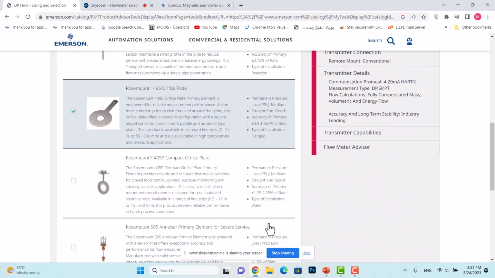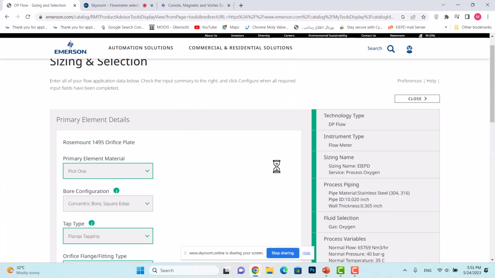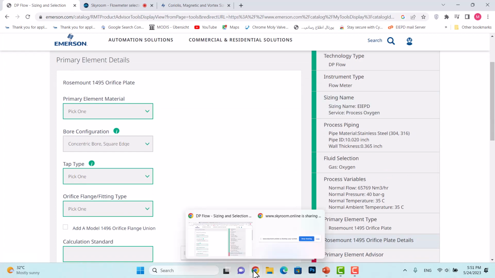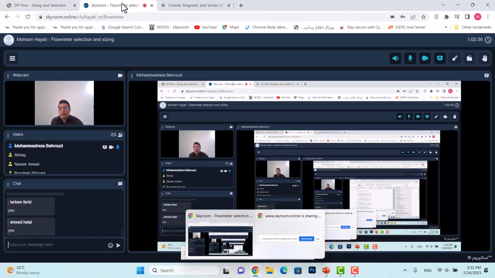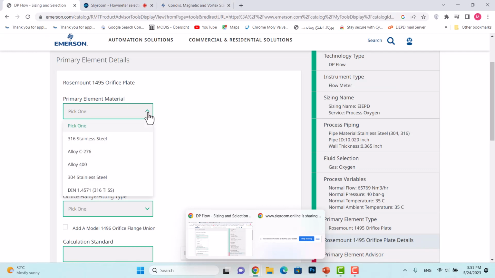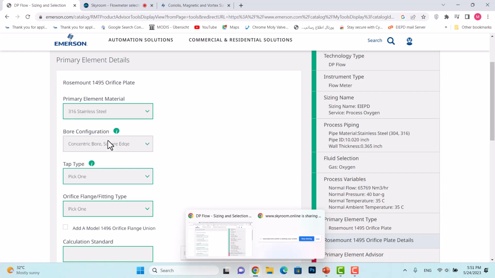And we select next, go to the primary elements detail. We select this material, as I stated.